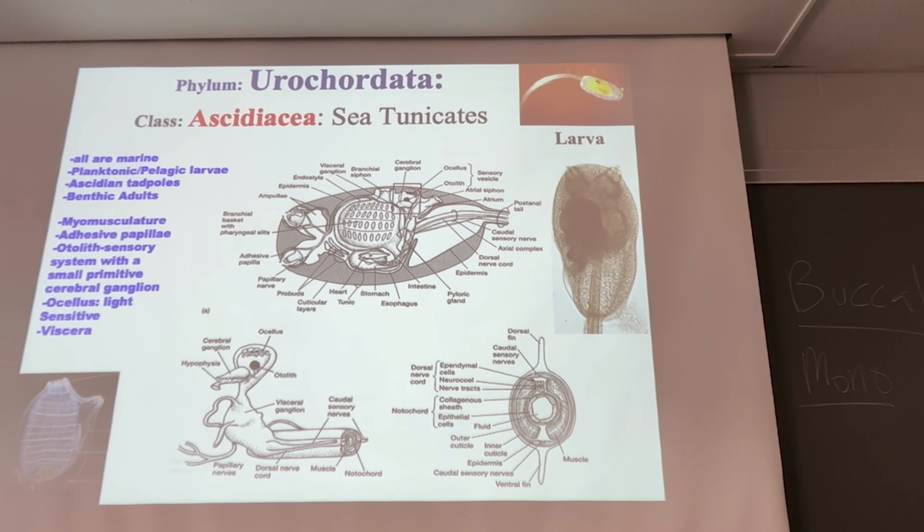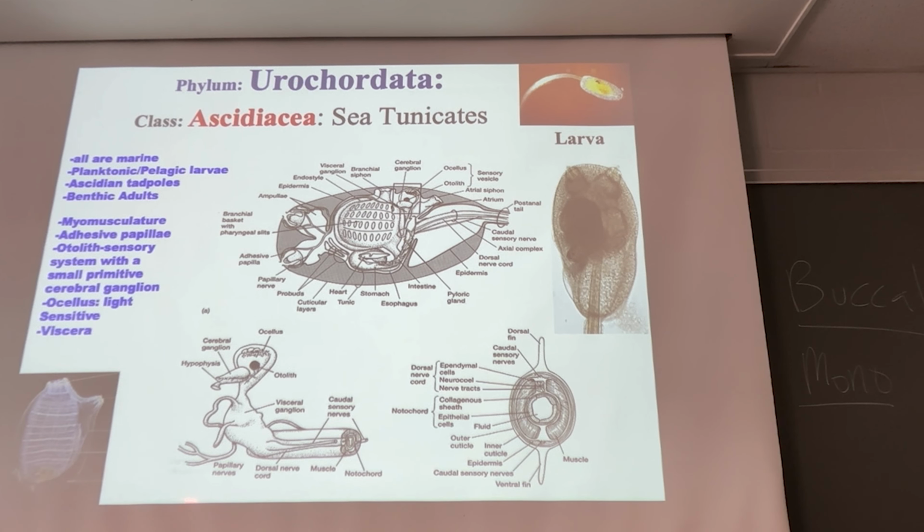Now, a couple other things that are really interesting is the actual central nervous system. They kind of have a brain, and they do have a dorsal nerve cord that runs from that brain all along and down the tail where the notochord is, right? And this really small group of nerves is called the cerebral ganglion, is the name they give it. If I blow up this box right here, you can see the box.